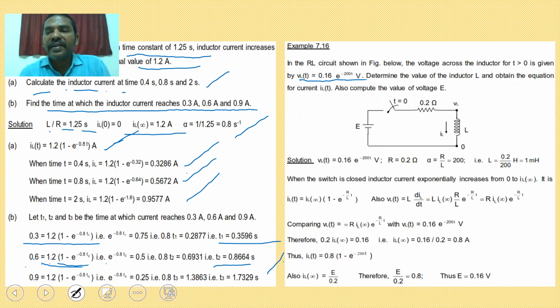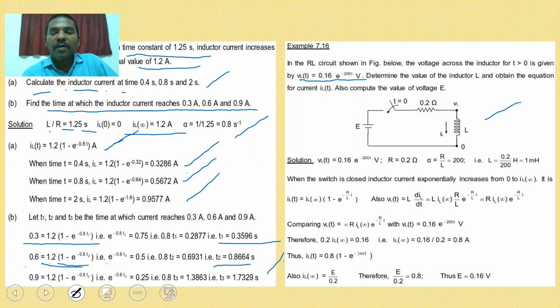Determine the value of the inductor L, obtain the equation of the current, and also compute the value of voltage E. Here the resistance value given is 0.2 ohms. So you have to calculate the L value, the current, and also the voltage E.